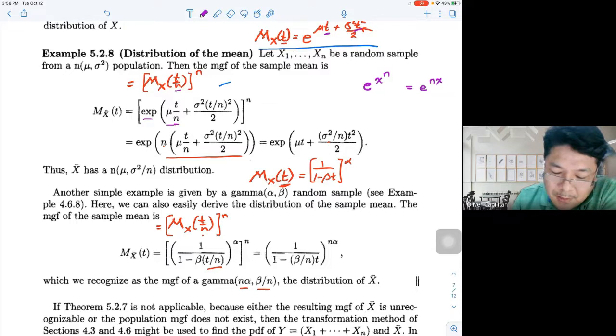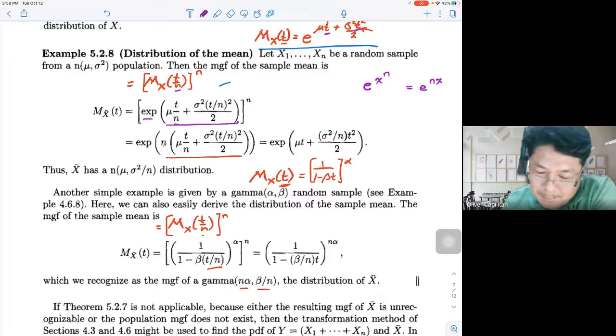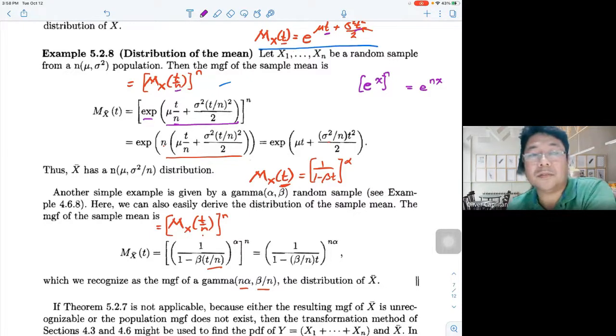Say this is our x quantity. It is equal to e to the nx. Something like that.